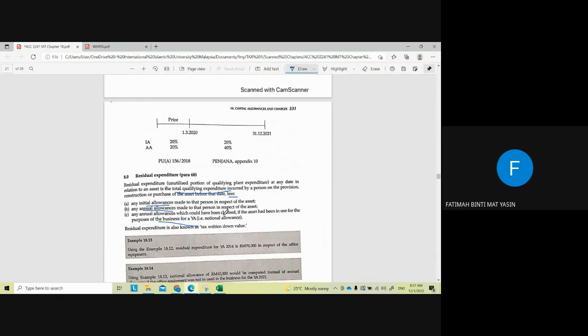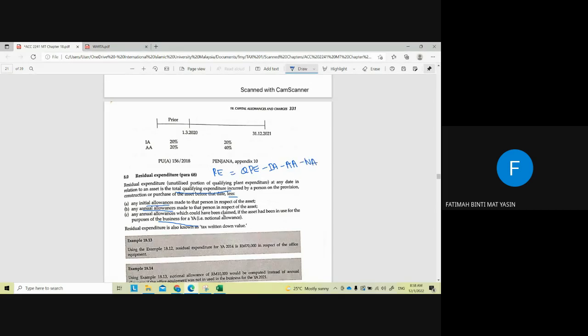So residual expenditure is basically QPE, which is qualifying plant expenditure, minus initial allowance, minus the annual allowance that the company claimed. And then we also have notional allowance.